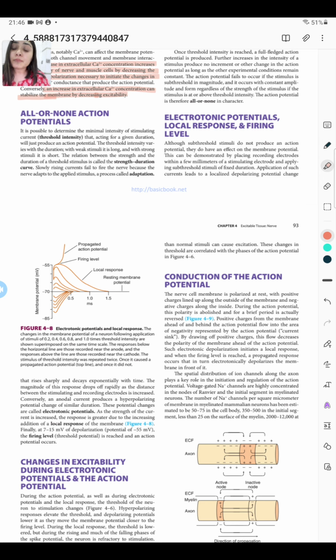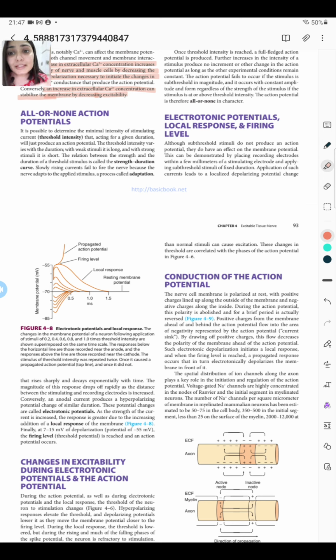That means to generate an action potential, we need a certain minimum intensity of that stimulating current, and that too for a given duration of time, right? Then only the action potential will be generated.